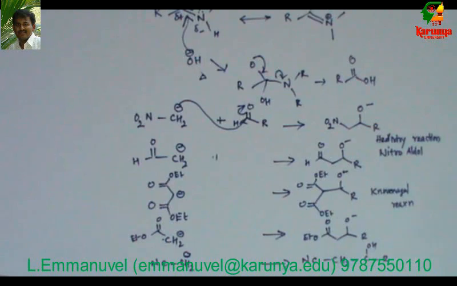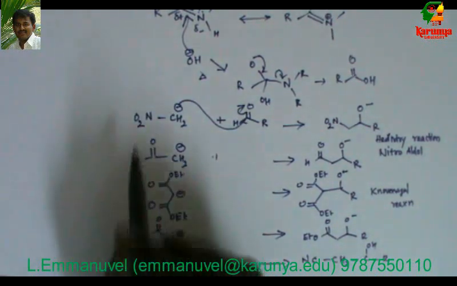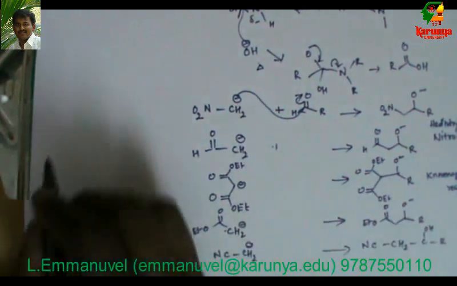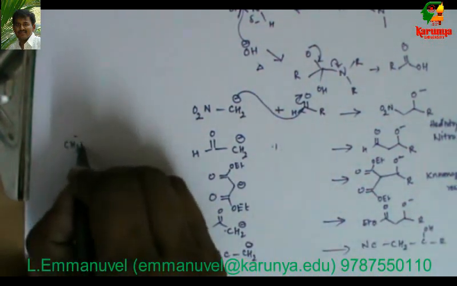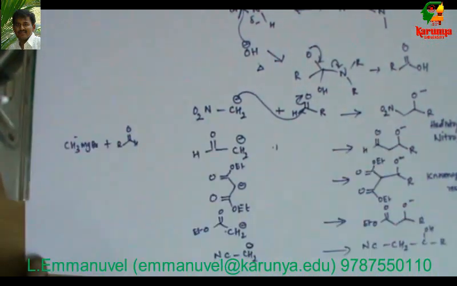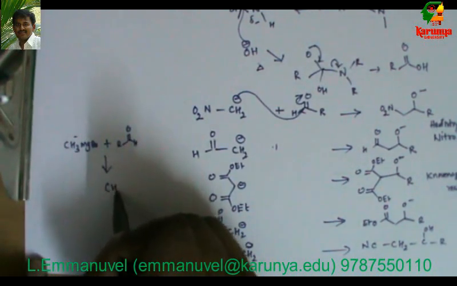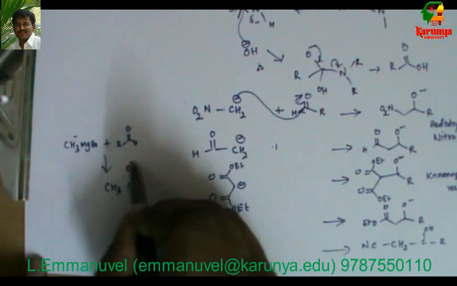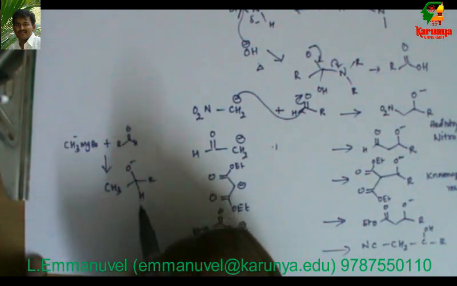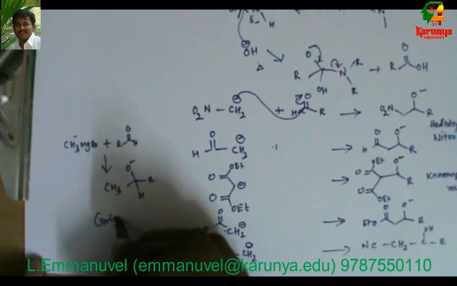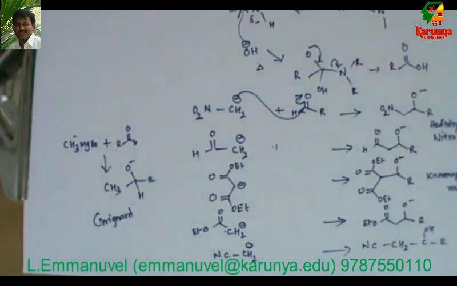So the mechanism is the same. Only we change the substituent here. We get a different product. I can go for one more, that is CH3MgBr. So this minus attacks here to give this product. This is nothing but the very well known Grignard reaction.